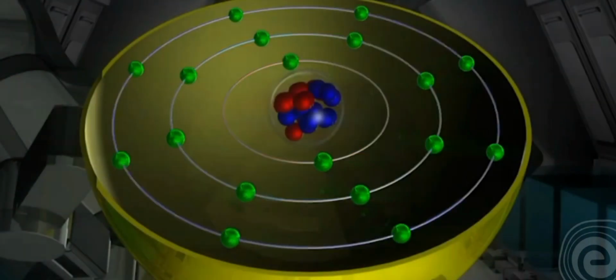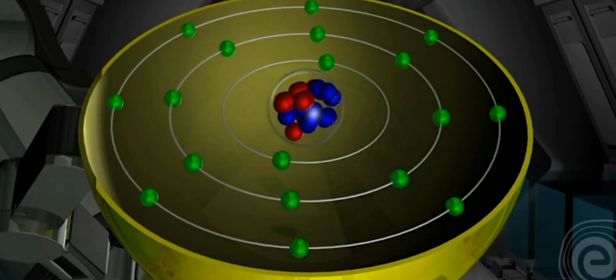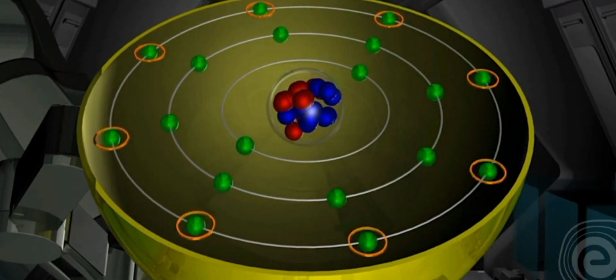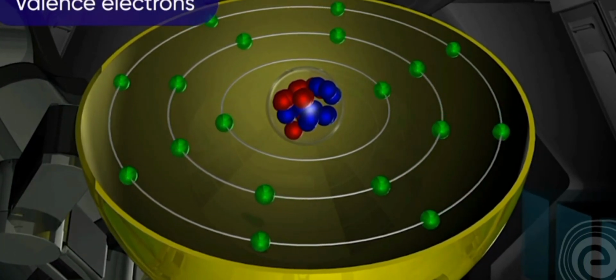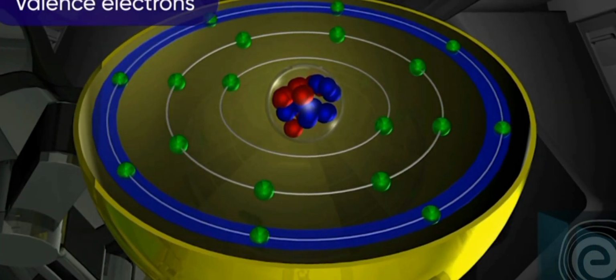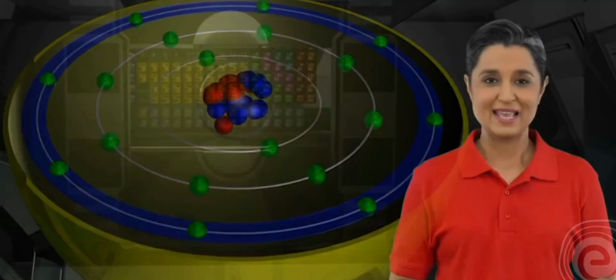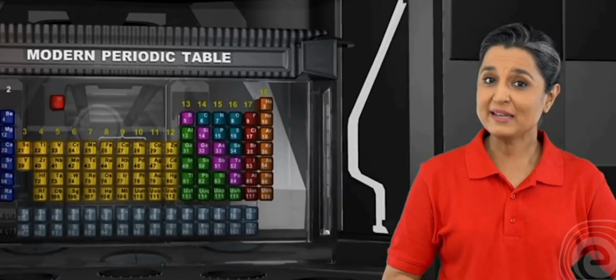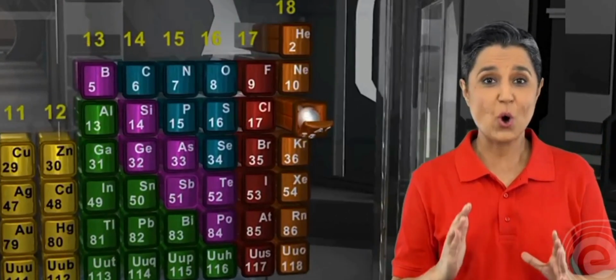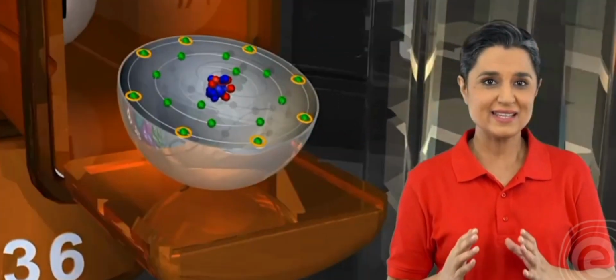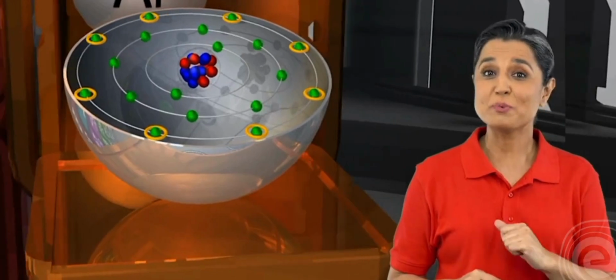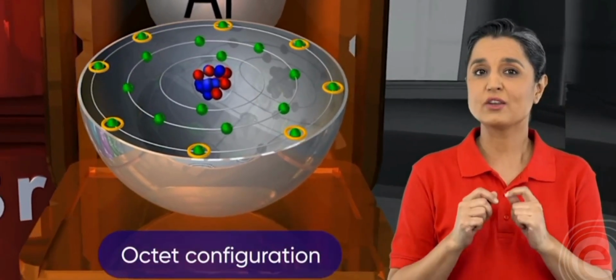The number of electrons present in the outermost orbit is known as valence electrons, and the outermost orbit is called valence orbit.